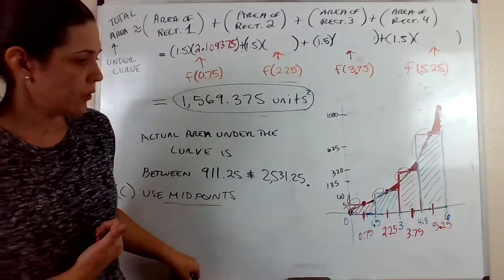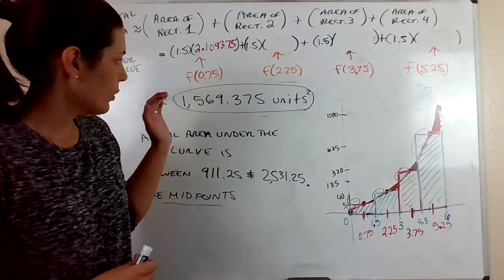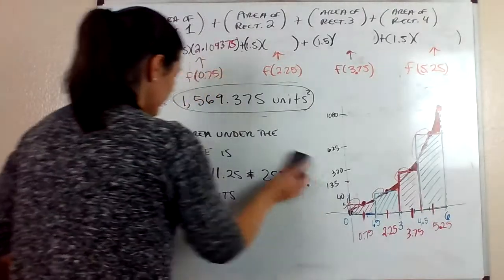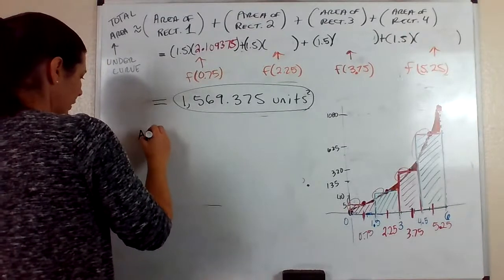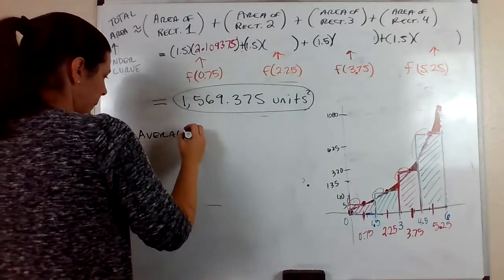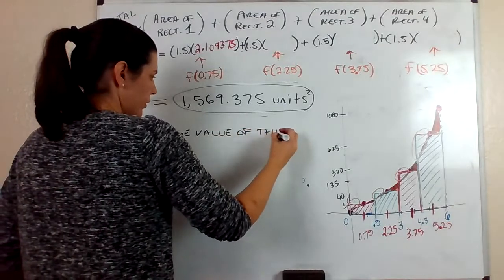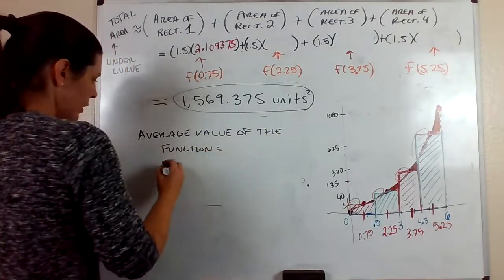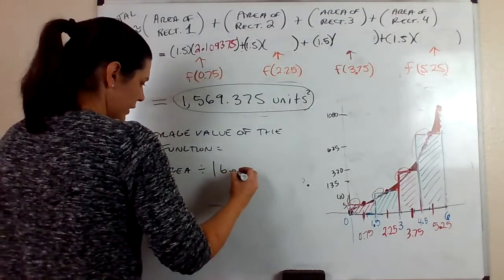If the question asks for average value, remember what I mentioned, you take your area and you divide it by the length of the interval. So let's just add that in at the end here. Average value of the function equals, we wrote this down earlier, area divided by the length of the interval.